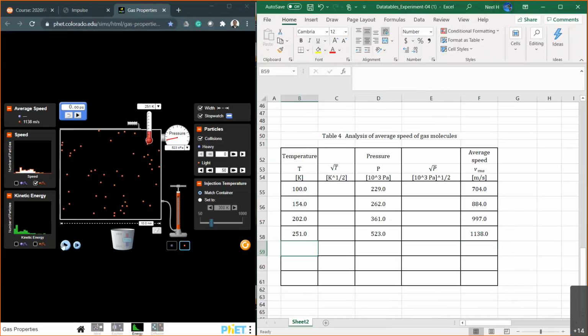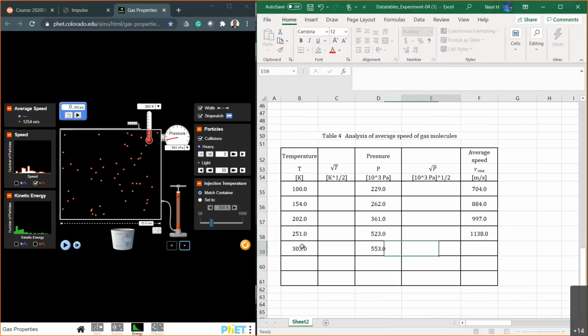And then let's continue another 50 Kelvin. 303 temperature, pressure is about 553. Average speed about 1254.